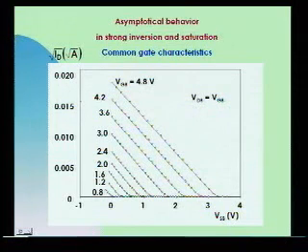If I plot the common gate characteristics, which are the drain current versus the source voltage with steps given by different values of the gate voltage in saturation, then I will notice that the square root of the drain current is a first order polynomial of the VSB.